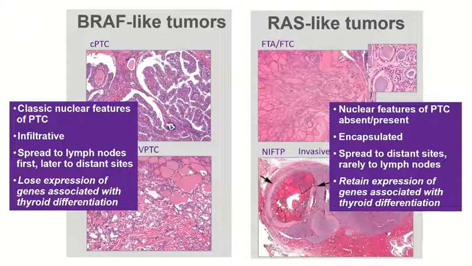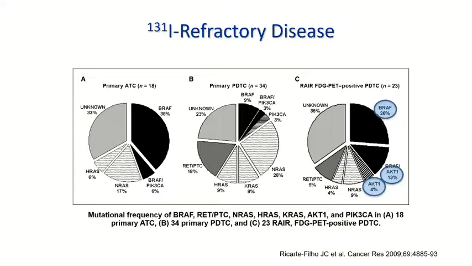As a group, again, I want to stress, as a group. Now these are all early driver mutations. Now let's look at what happens with tumors that develop next genetic hits, develop more late driver mutations. So this is a study from 12, 13 years ago, but it was one of the first studies that looked at iodine refractory disease.